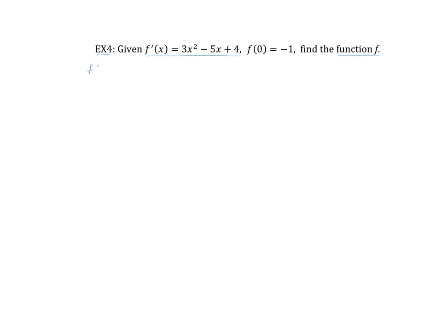So our function is going to be the integral or antiderivative of the derivative. Because the derivative and the antiderivative will cancel each other out and we get back to our function. So this is simply the integral of 3x² − 5x + 4 with respect to the variable x.